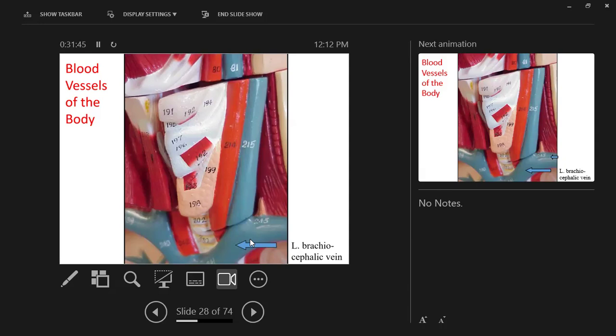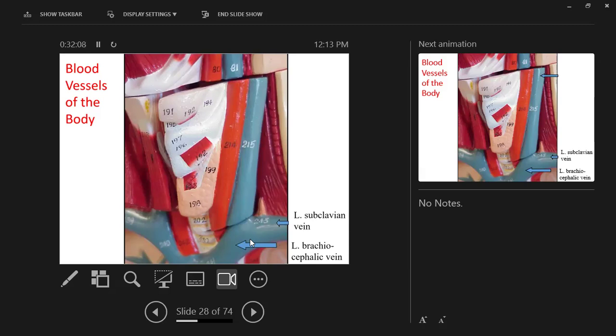So the left brachiocephalic is formed by two smaller veins. One of those is the left subclavian, which runs directly underneath your clavicle. So the left subclavian vein is running this way, going towards the heart. The left brachiocephalic vein is right here.